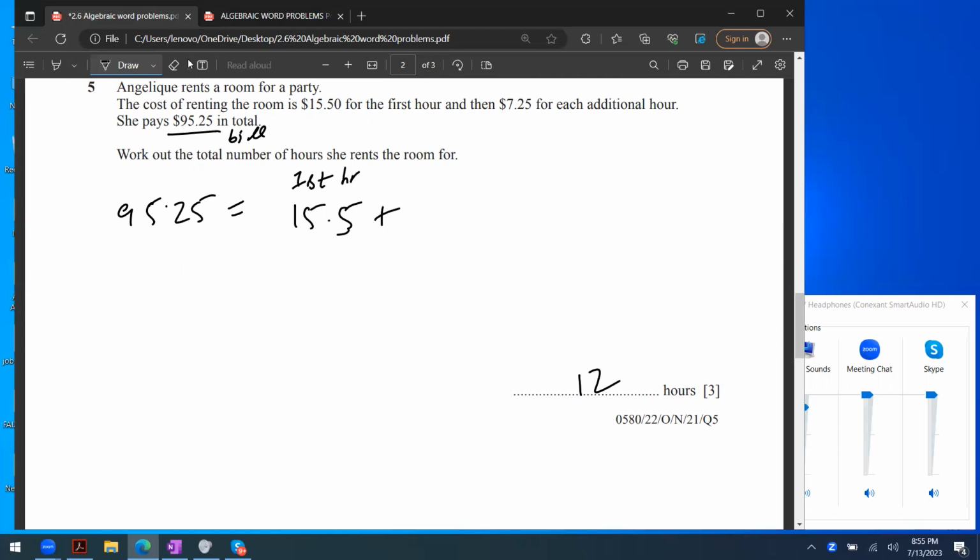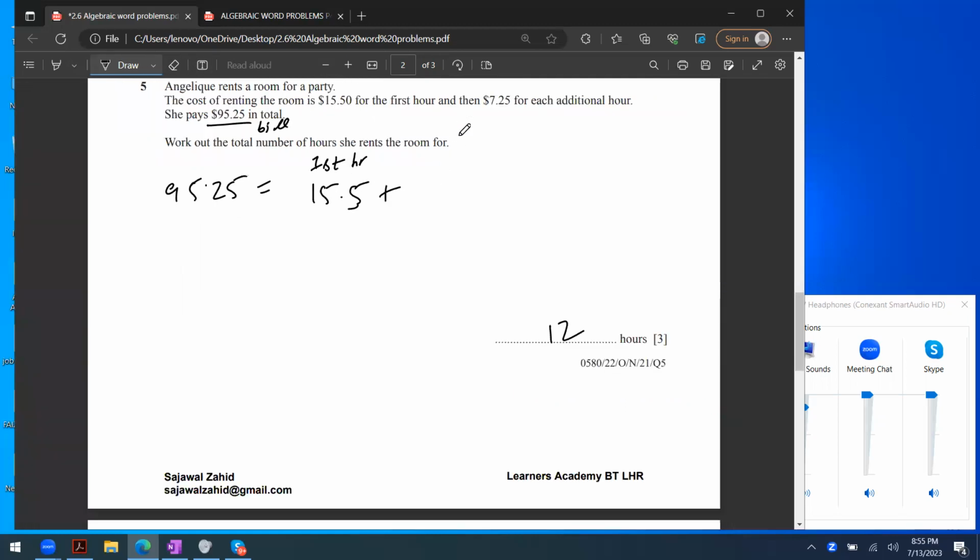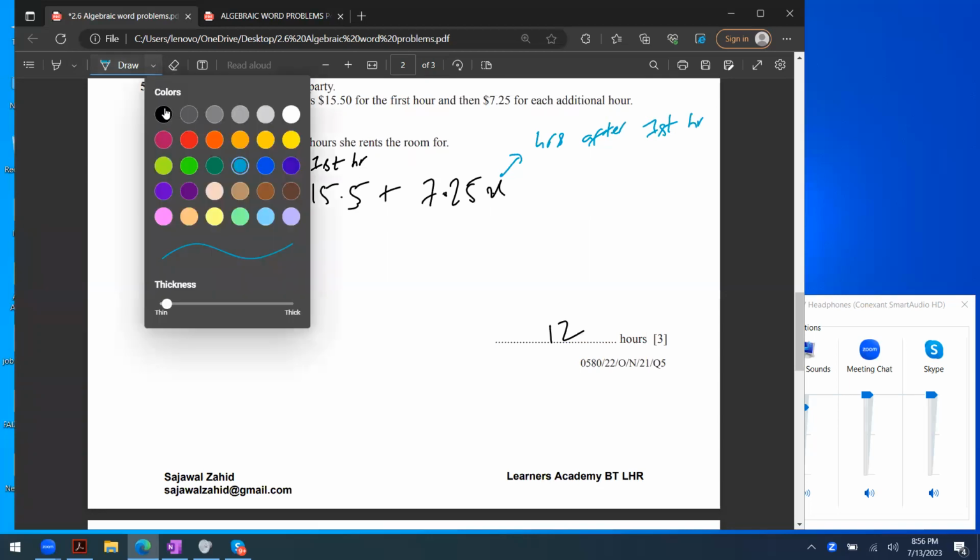And then we have to add 7.25 times how many hours did she stay after the first hour? We don't know, so let's call it X. These are the hours after the first hour, because the first hour is just 15.5 cost.